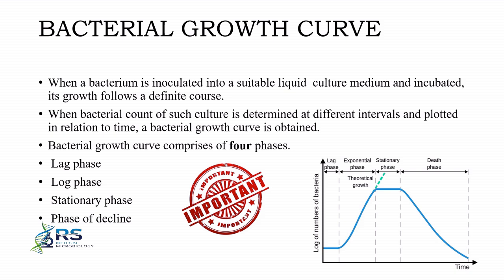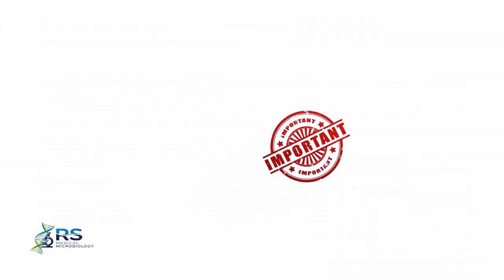Now we come to the most important topic, the bacterial growth curve. When you introduce a bacteria into a new medium which has enough nutrients, the bacteria will undergo 4 phases, namely the lag phase, log phase, stationary phase and phase of decline. So what happens in this?